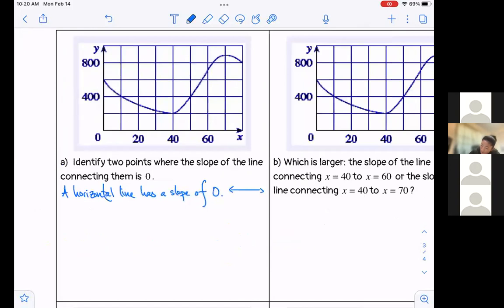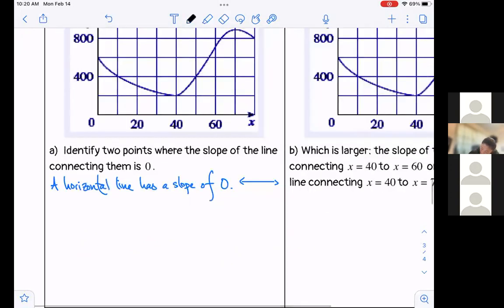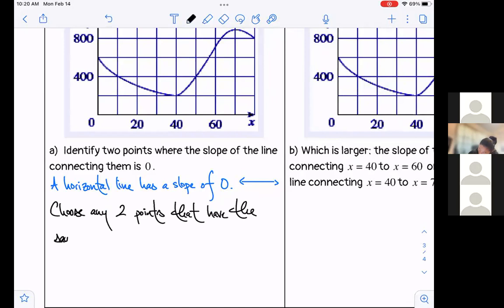So a way to summarize this is: choose any 2 points that have the same y value.